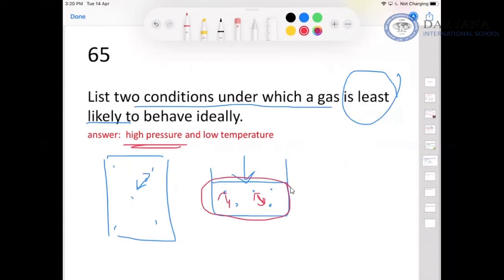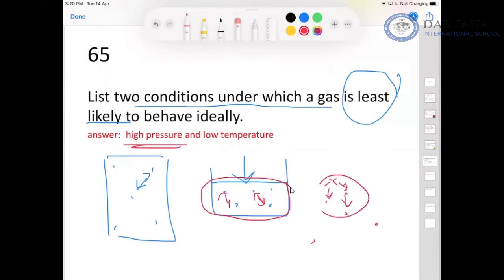And the same goes for temperature. Under high temperature, the particles are far away from each other. When you decrease the temperature, the particles have less energy, so they are going to start coming closer to each other. And as they come closer, the intermolecular forces between them are going to be significant.